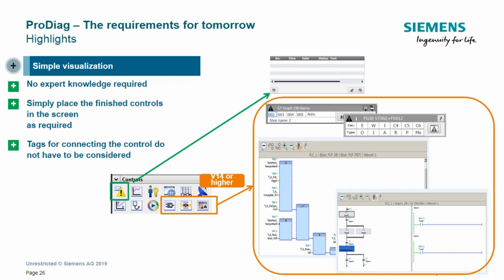The ProDiag overview control, which is here, where you can see if there is an error or failure appearing right now, and the PLC code viewer control, which you see down here, which shows you the exact place in the function block, which parameters or which operands are affected by the failure.